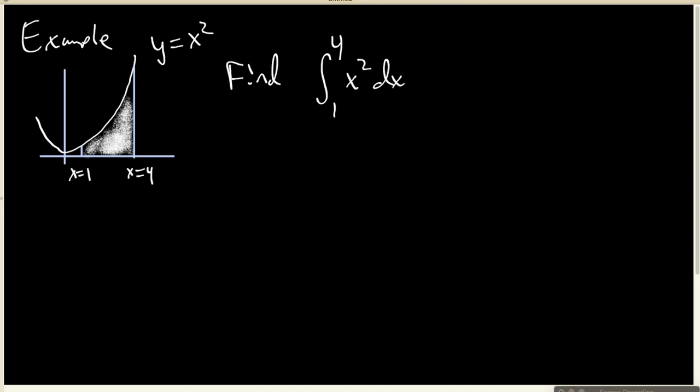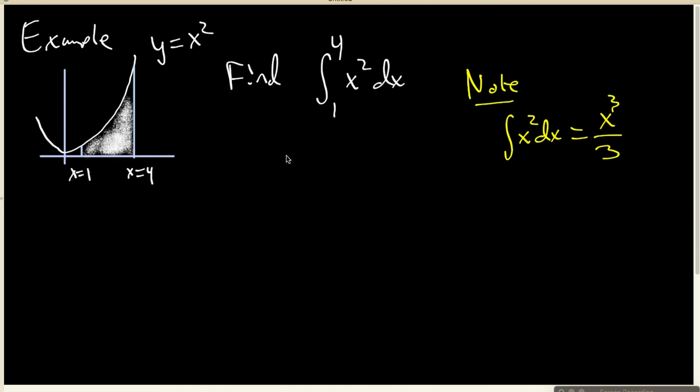Now I want to make a note. We already know that an antiderivative of x squared is x cubed over 3 plus any constant that we want to add, and I'm actually going to just add 0 here.